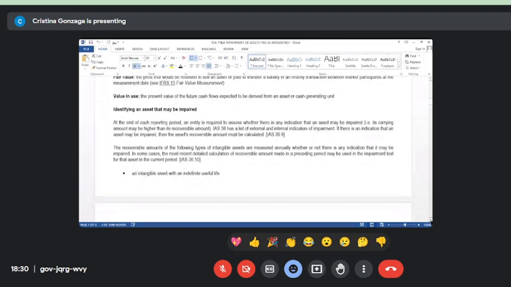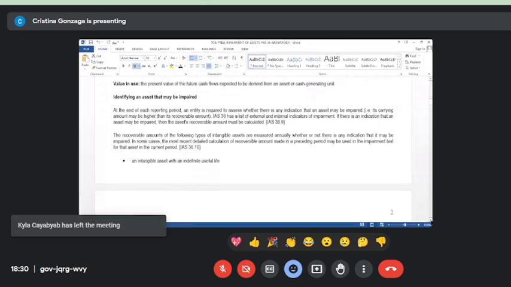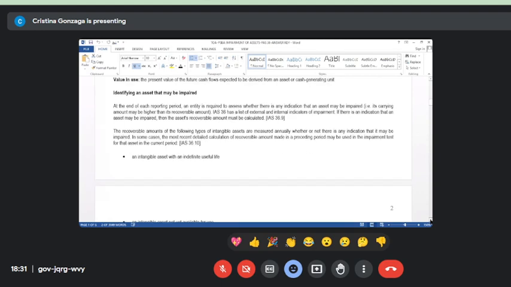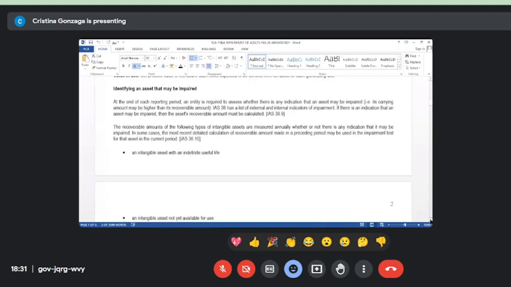Okay. So, at the end of its reporting period, an entity is required to assess whether there is any indication, may mga indicators, that an asset may be impaired. Ano kaya yung mga indicators na yon that will tell us that it's time to recognize impairment loss?